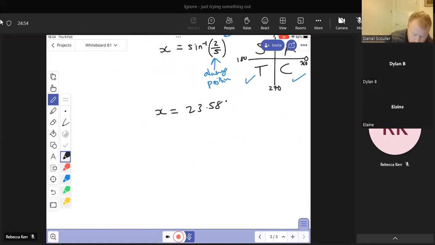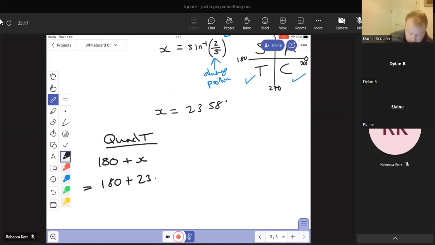Okay, so quadrant T, we're going to add on our answer there. Okay, so we're going to have 180 plus whatever we just found. Okay, so 180 plus 23.58 equals 203.58 degrees.